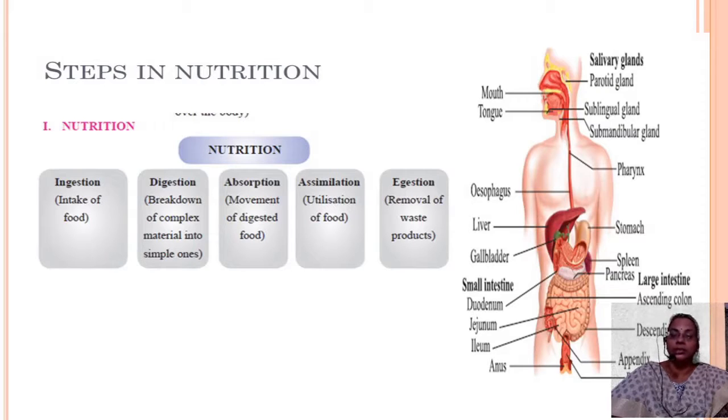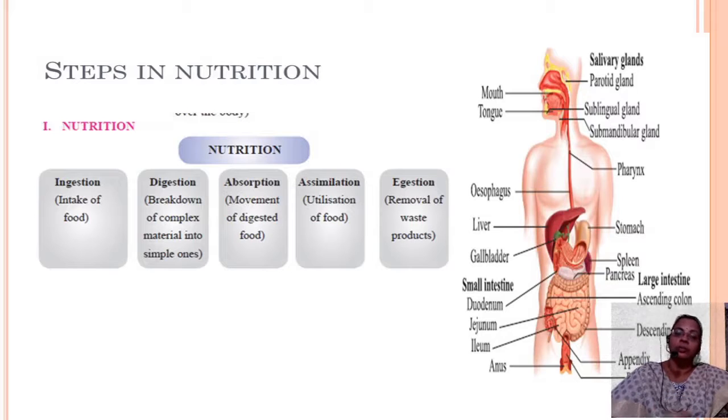At the same time, it contains lysozyme, so there will be an antibacterial effect. It also helps in breaking carbohydrate into disaccharides, that means mainly maltose. So a little bit of carbohydrate digestion takes place in the mouth.